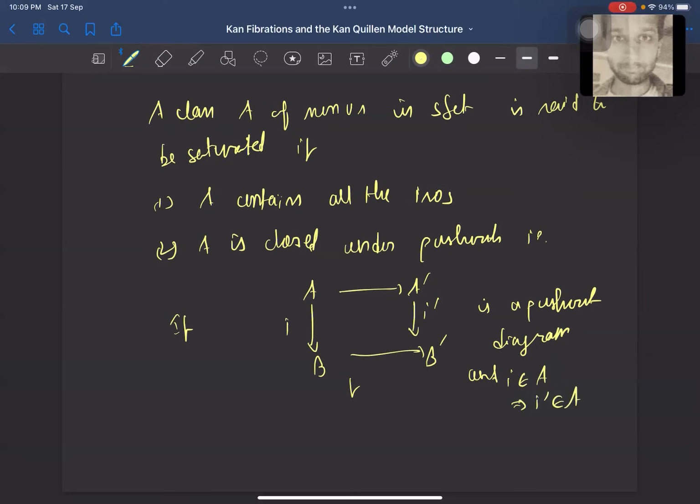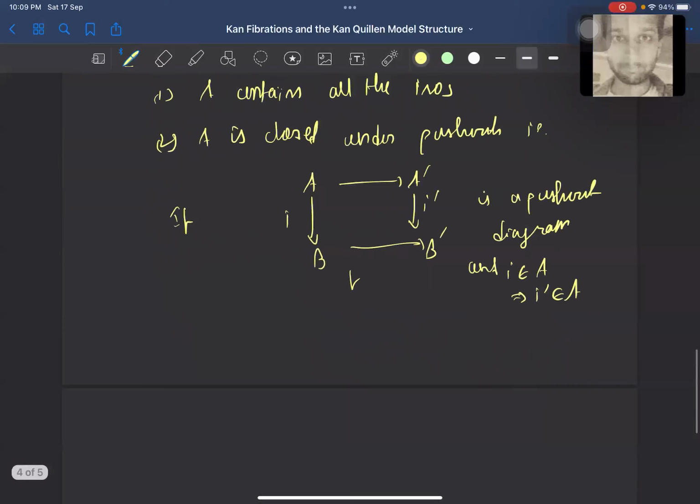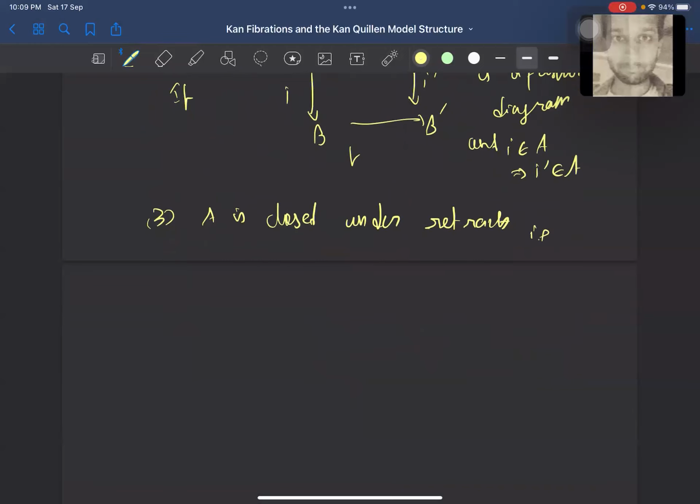So this is what closed under push-out means. Okay. So A is closed under each tags. There are again classical diagrams everybody is familiar with. I'm just giving a quick recap.